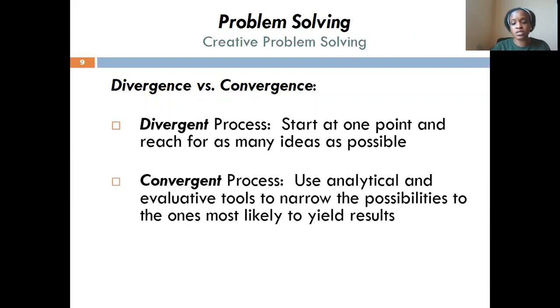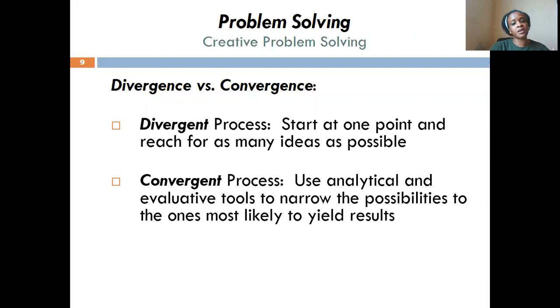The convergent process, on the other hand, uses analytical and evaluative tools to narrow down the possibilities so that we come up with just one solution that would yield the best results. So again, remember, this is within the context of creative problem solving, and we're saying that the creative problem solving process has two stages.